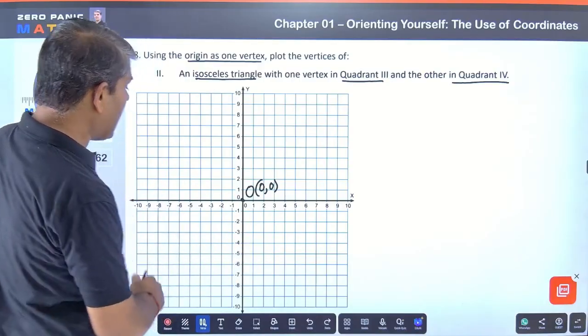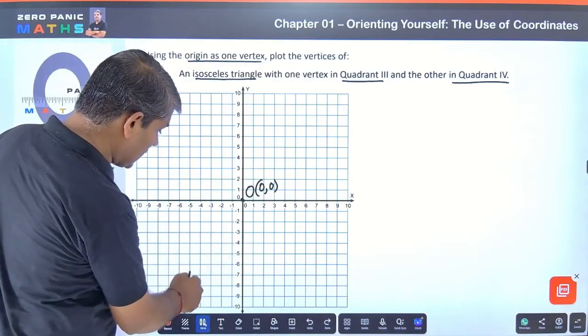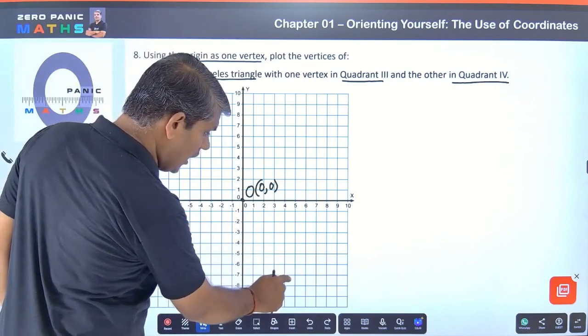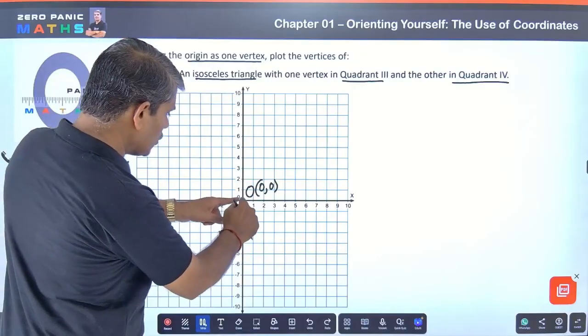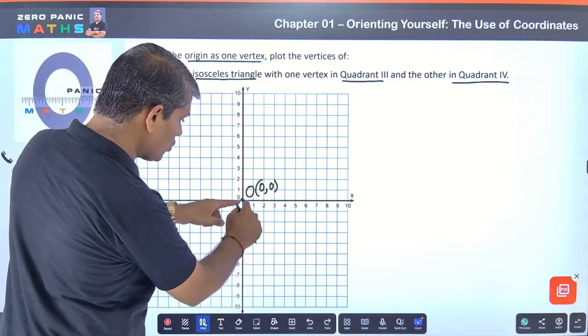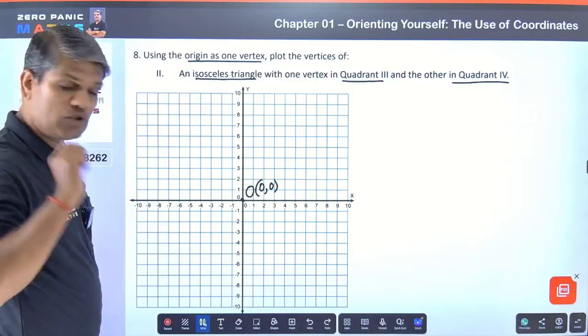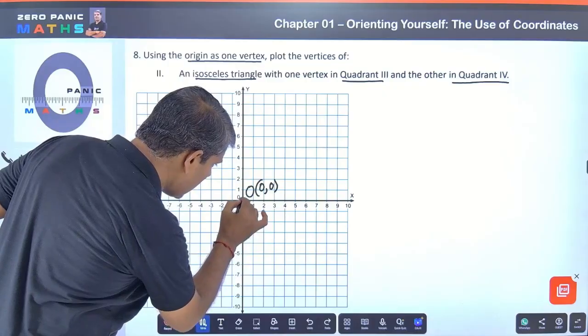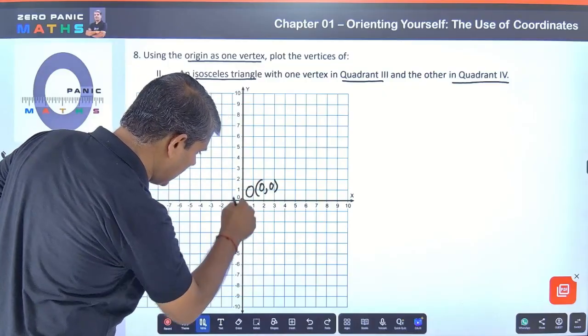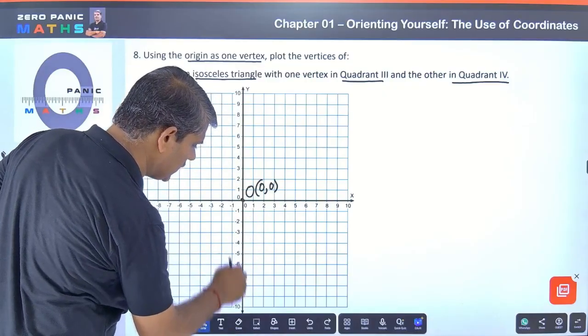Now how do I identify a point in the third quadrant and a point in the fourth quadrant so that those two sides of the triangle become equal to each other? Listen to me carefully. There is a y coordinate line going vertically down here.